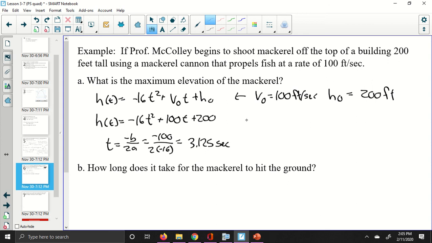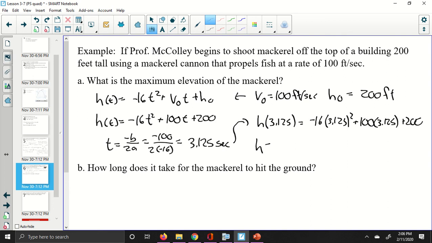And I'm just going to take that and make the calculation h of 3.125, which will be negative 16 times 3.125 squared plus 100 times 3.125 plus 200.